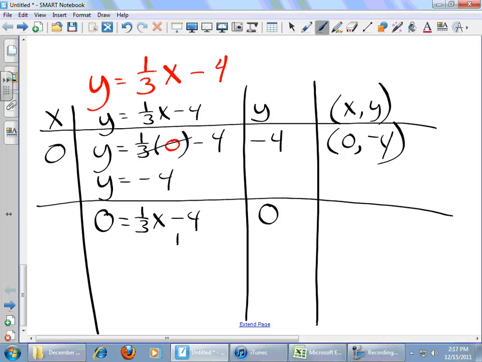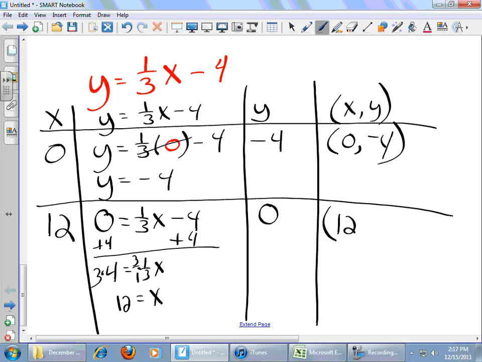I'll add 4 to each side, and I'll get 4 equals 1/3 x. A lot of you like to multiply by 3, so I'll do it that way to undo the division. And I'll end up with 12 is equal to x. So that means when y is 0, x is 12. So point 12, 0 must be on my graph.